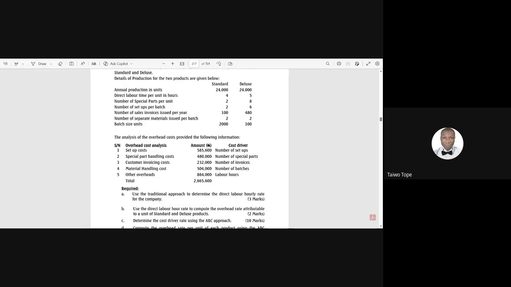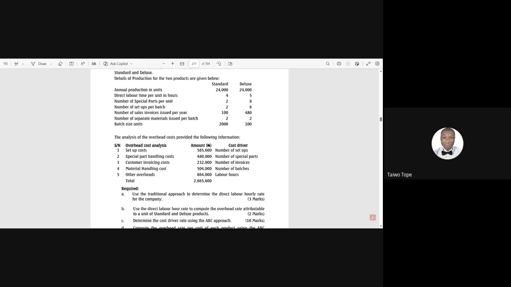The formula is total fixed cost divided by the level of activity. In this case, it is direct labor hours we are going to use.